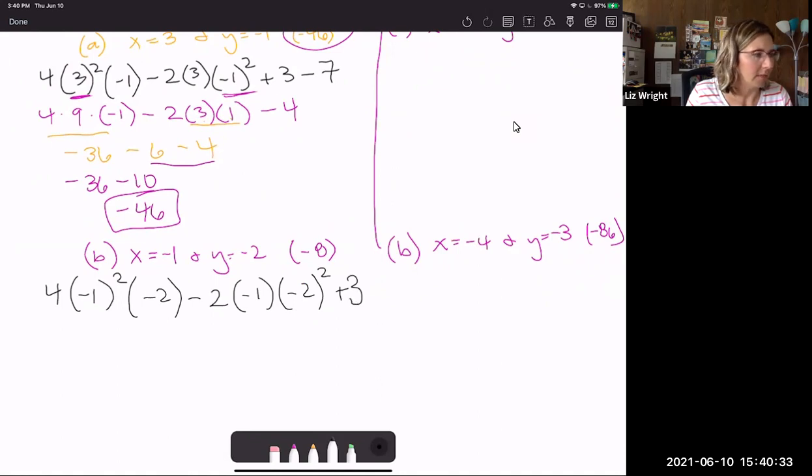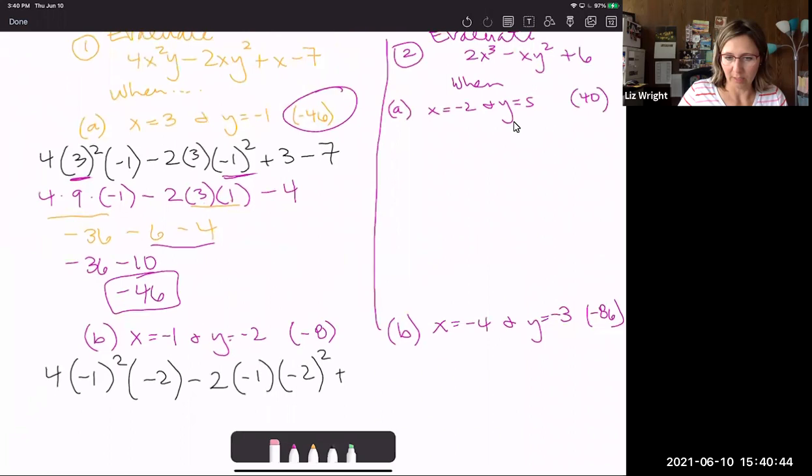Am I getting that right? No, it is supposed to be an x. Sorry, I was looking at the previous problem. So it's going to be plus, I've got to look at my expression. There we go. So minus 2 times the negative 1 times the negative 2 quantity squared plus, let me get back to my black marker, plus a negative 1 minus 7.